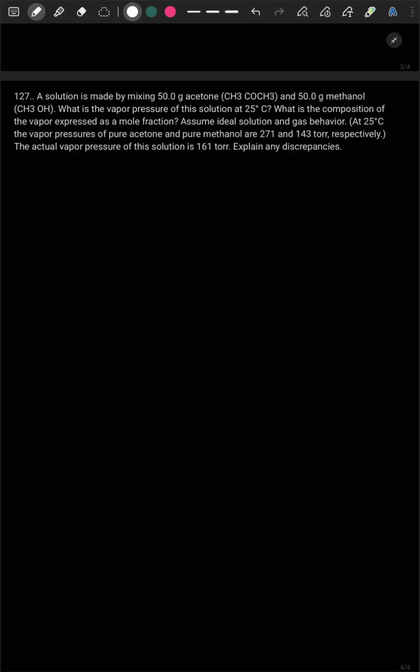Okay, so let's just continue on from here. Let me flip over my notes real quick. We already know from previous problems that we're probably going to want to set up the ideal solution equation again. So it's the mole fraction of acetone times the pressure of acetone, plus the mole fraction of methanol times the pressure of methanol.